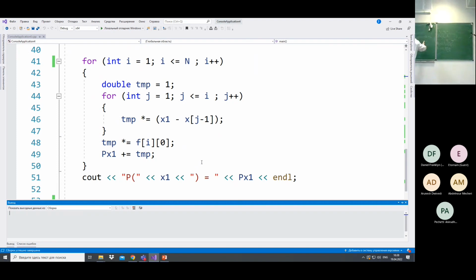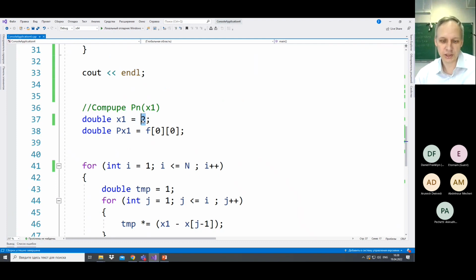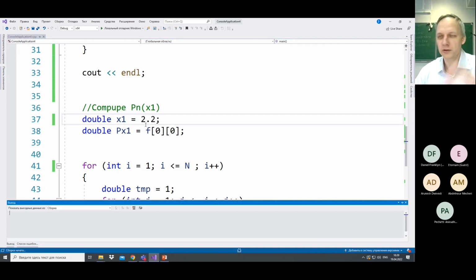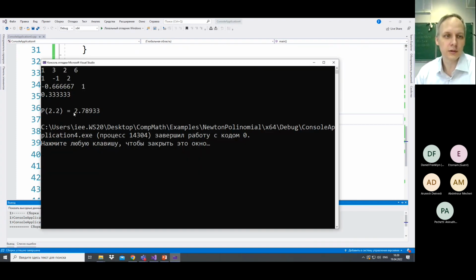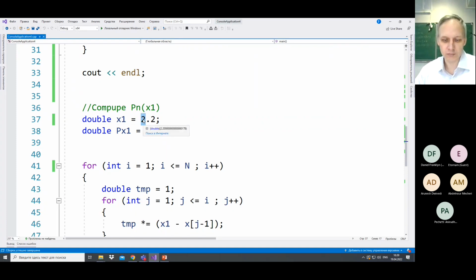So after that, I can compute the approximation of the interpolating polynomial at any point. Here I can take 2, but I can take 2.2 and compute the function value at the point 2.2. It will be some other value, or even 20.2.